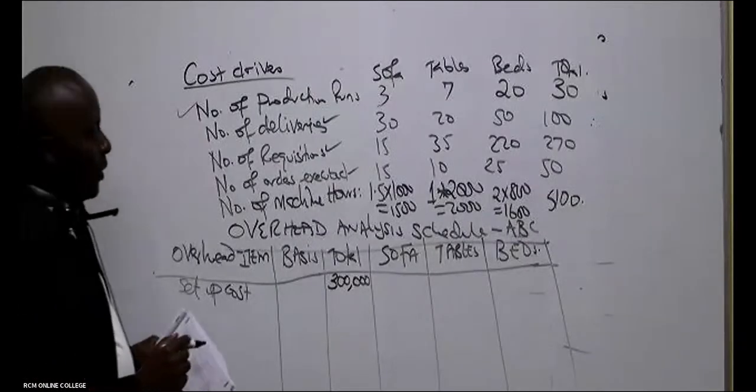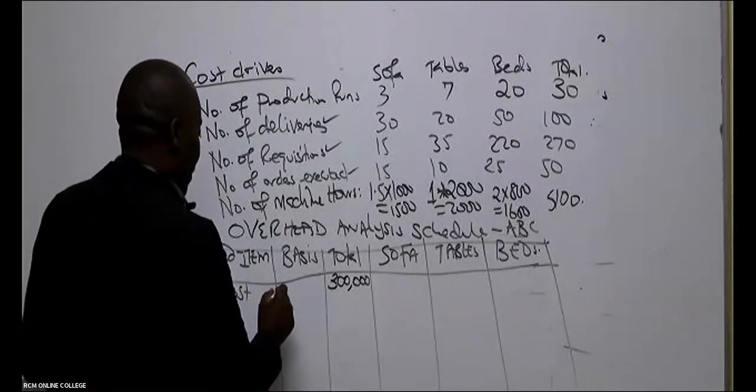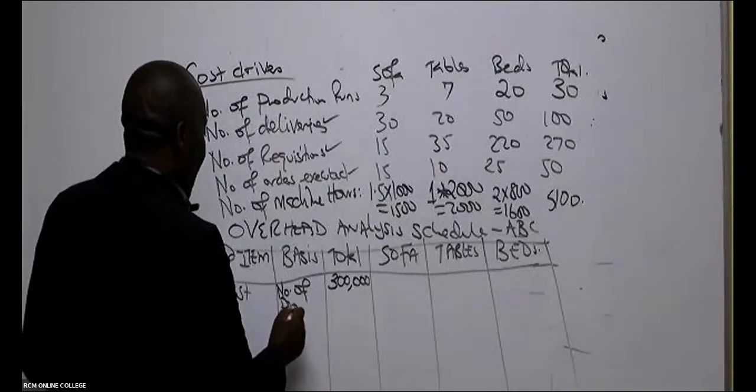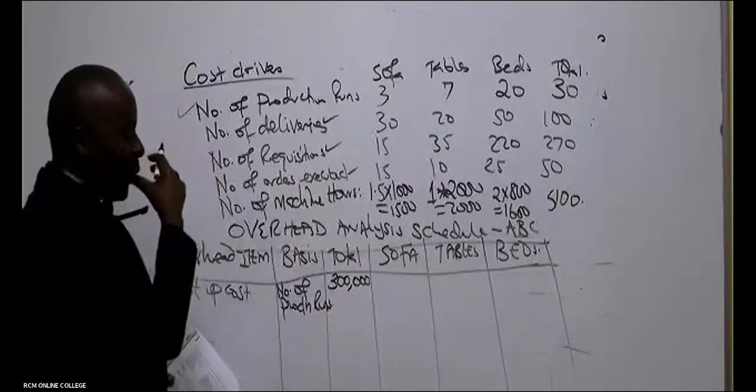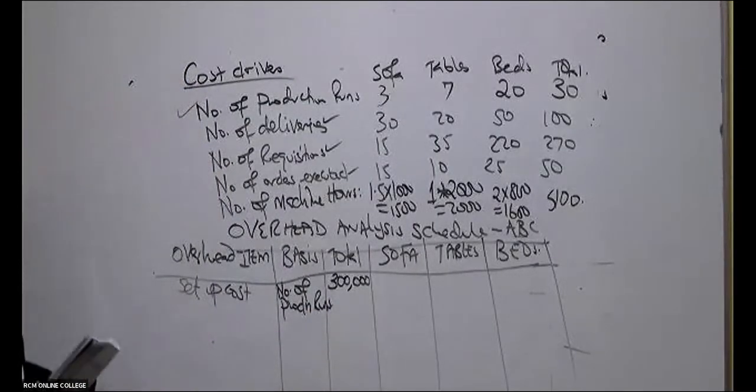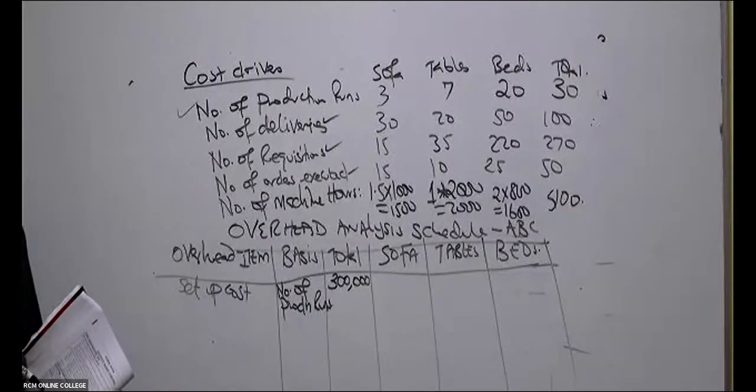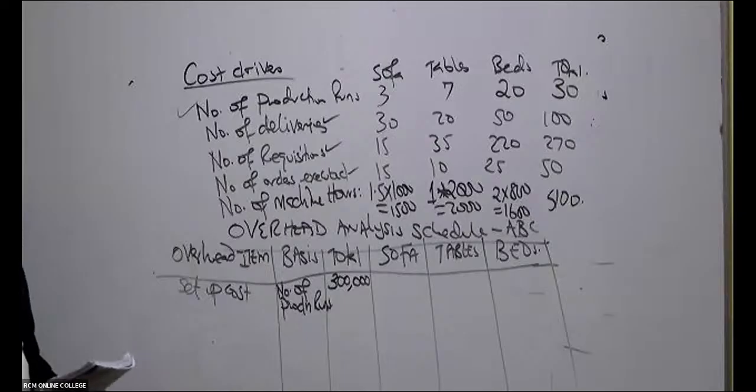Number of production runs. So what do you think will be the best way to apportion this figure?